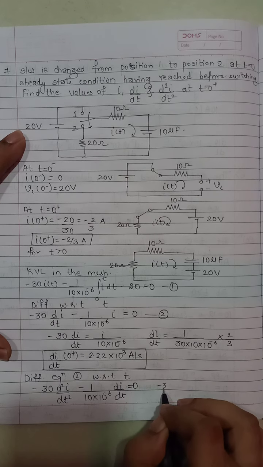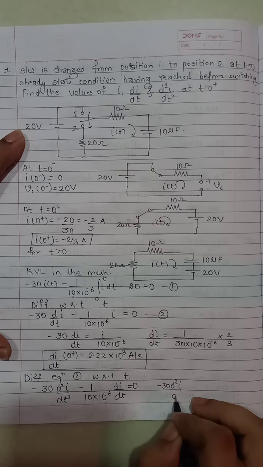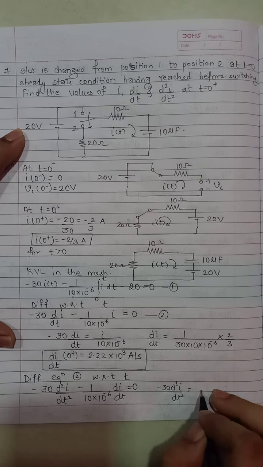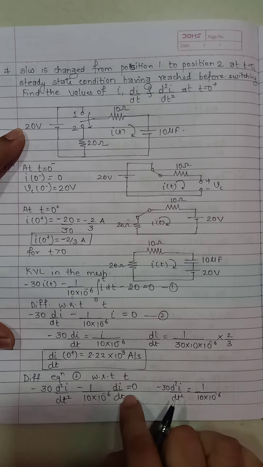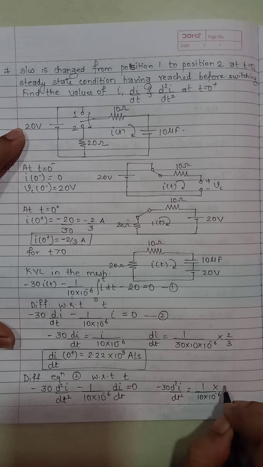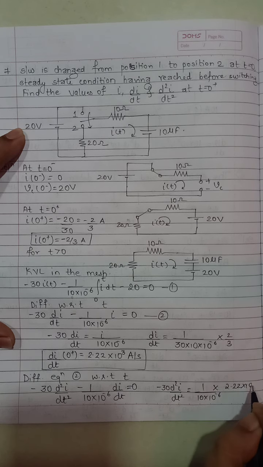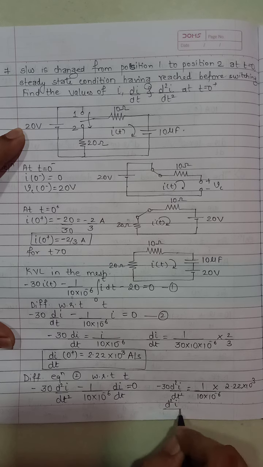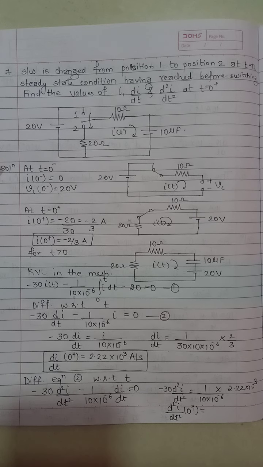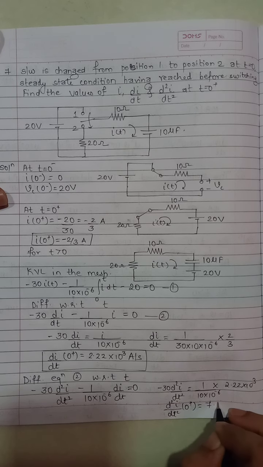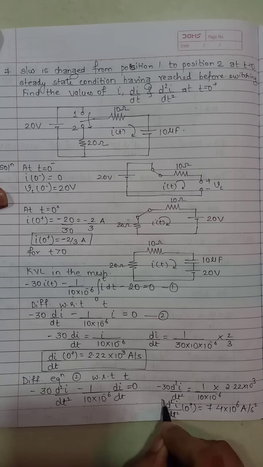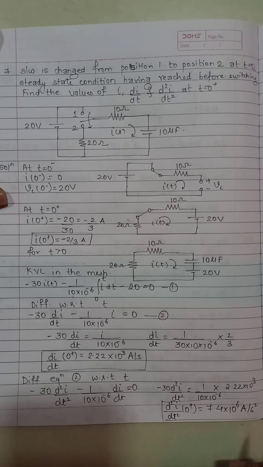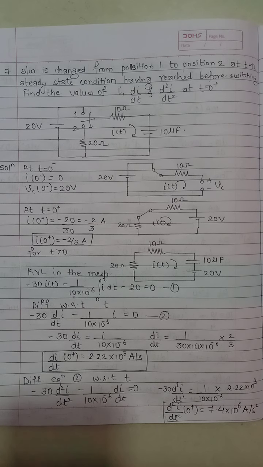Or I can say minus 30 d square i by dt square is equal to 1 upon 10 into 10 raised to minus 6 di by dt at 0 plus, which is 2.22 into 10 raised to 3. So finally d square i by dt square at 0 plus will be 7.4 into 10 raised to 6 ampere per second square. So these are the values of i, di by dt and d square i by dt square.